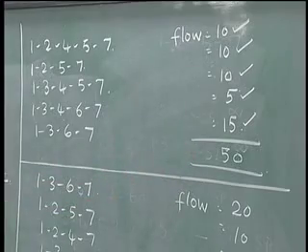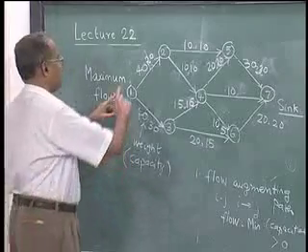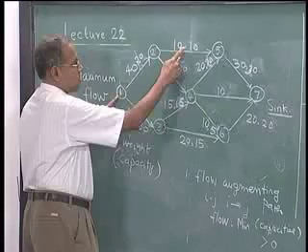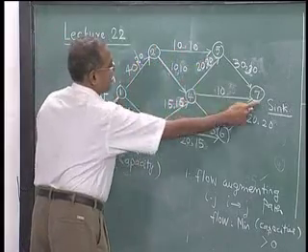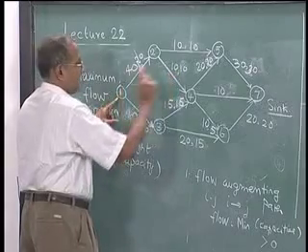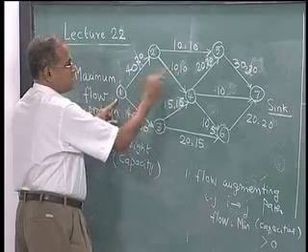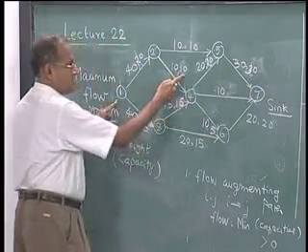Let us also check whether we can have any more flow augmenting path. Now, for the path 1, 2, 5, 7, no more flow is possible because this is exhausted. 1, 2, 4, 5, 7, this is exhausted as well as this. 1, 2, 4, 7, this is exhausted. 1, 2, 4, 6, 7, this is exhausted.